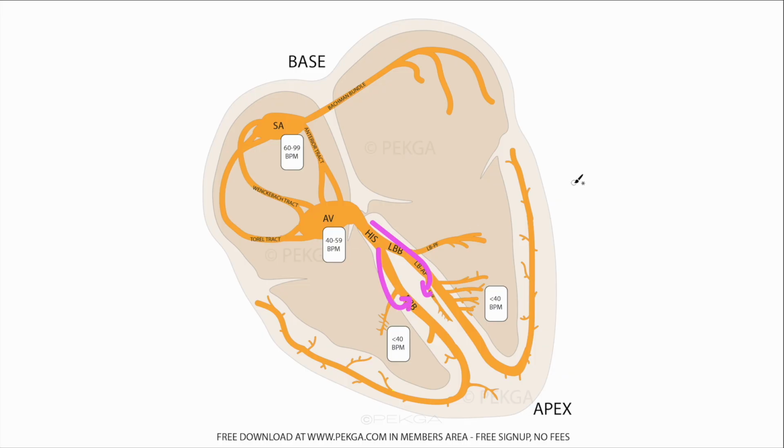And this is where your Q wave on the QRS comes from. Most of the time it's just not visible. It gets faded out or blocked out by other electrical activity, but this is where your Q wave comes from.